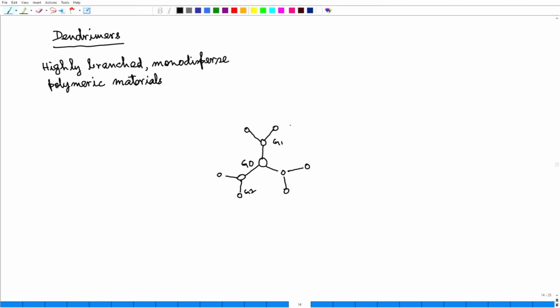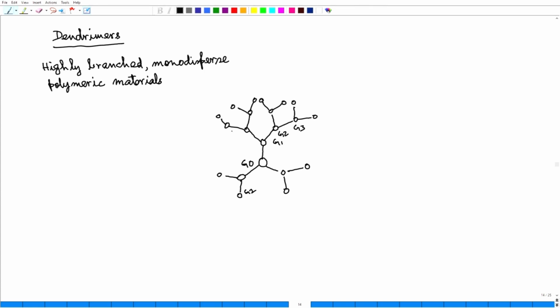Then I should write this as G2, otherwise you are getting confused. This is G3. This is G2. Then G4. You can understand that we have to stop here. We are forced to stop. That is called the periphery.